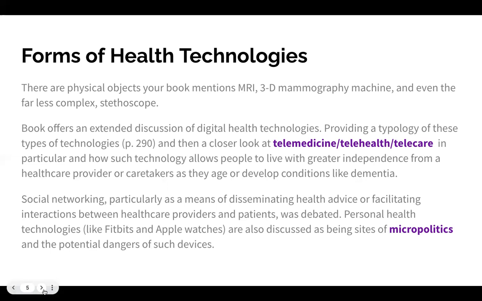But they also warn that, once again, it isn't just a one-way street. It isn't just a tool that healthcare practitioners can use. It's a tool that lay people can use as well. And once again, we can look to COVID in the same way that folks can use social networking to disseminate healthcare messages, people can also use social media to disseminate healthcare misinformation.